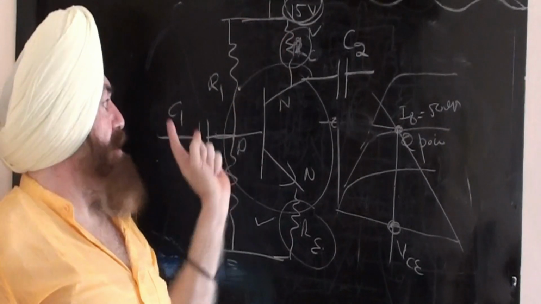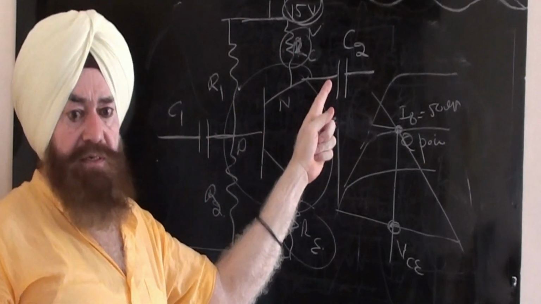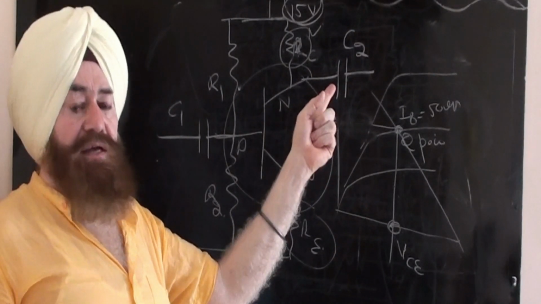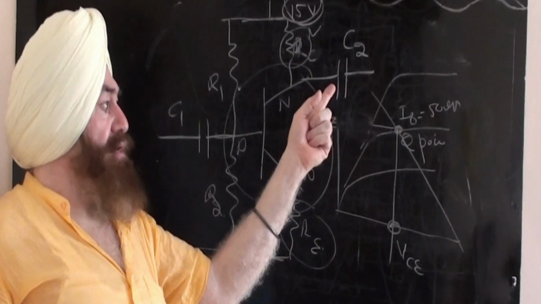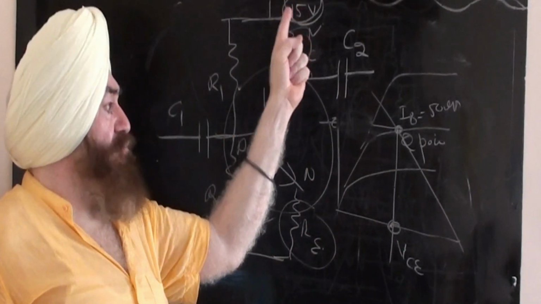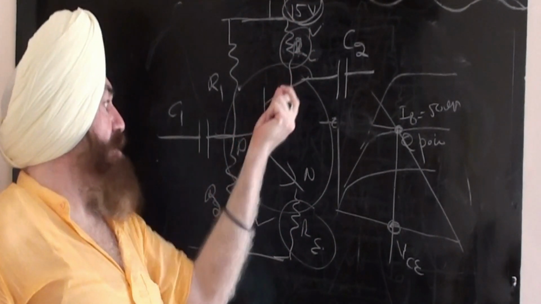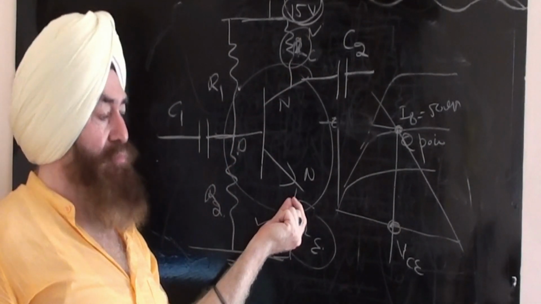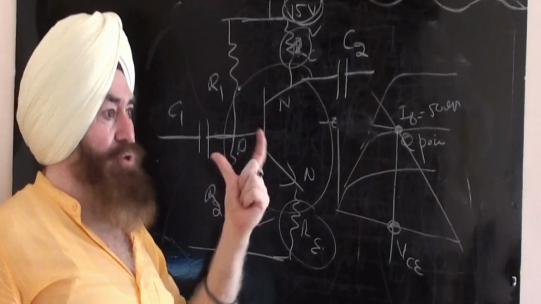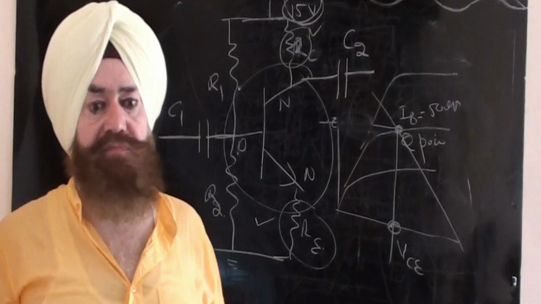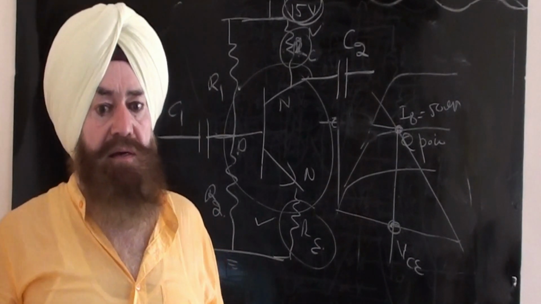They isolate the DC voltage in the circuit, like 15 volt and the different DC voltages here. It is isolation of DC voltages from the AC signal.